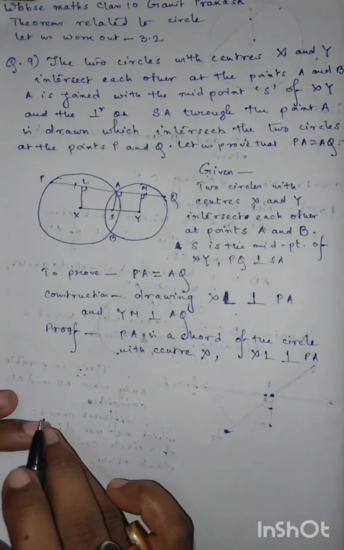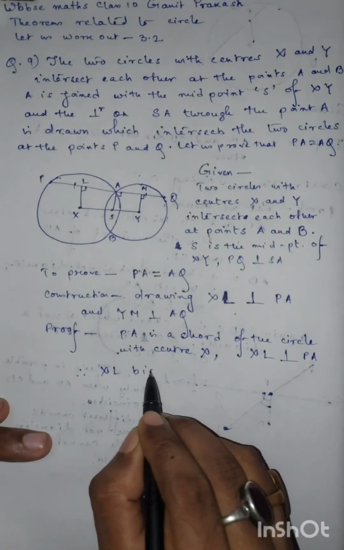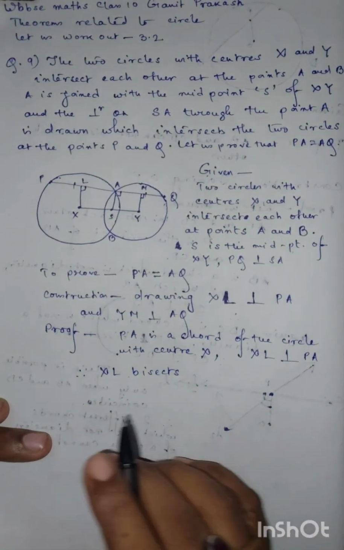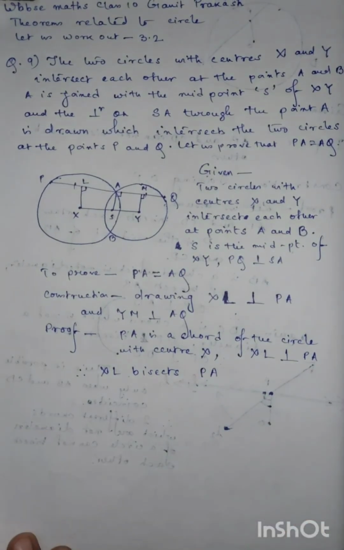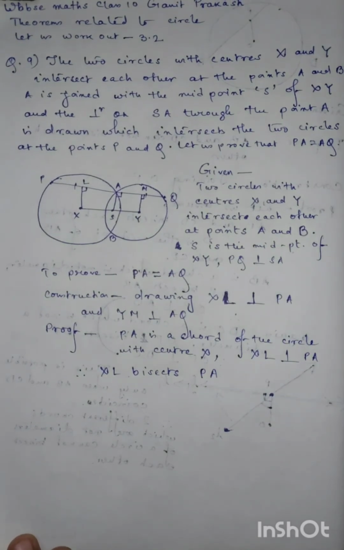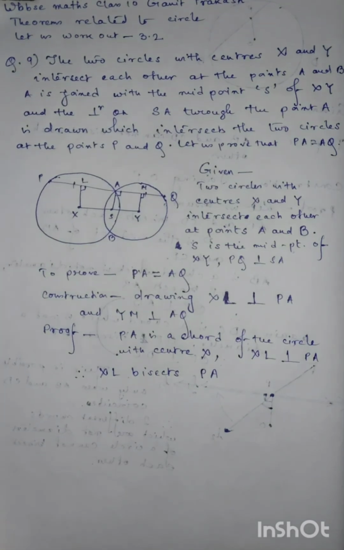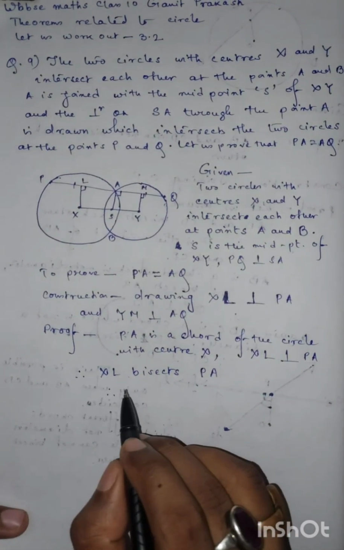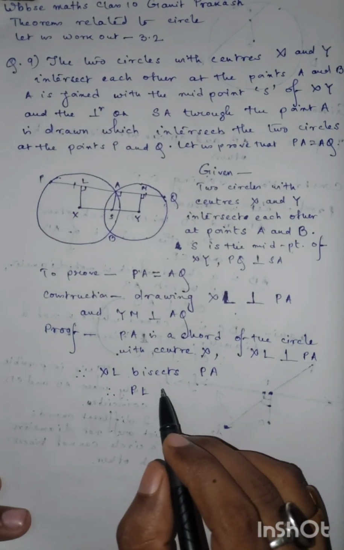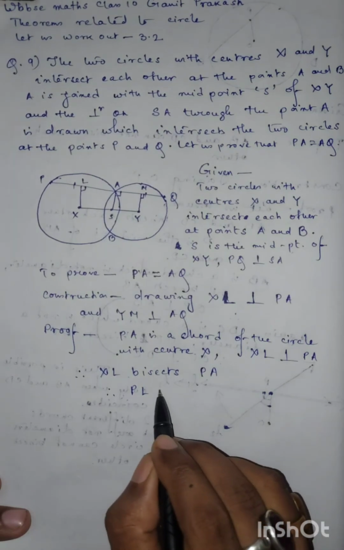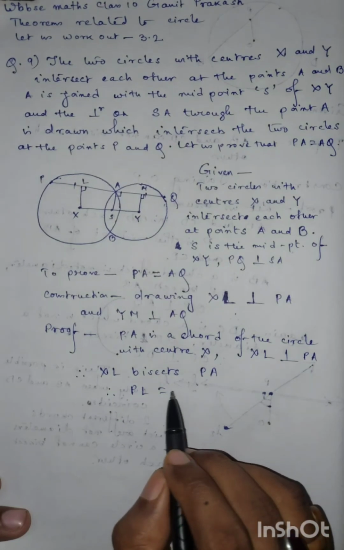Therefore, XL bisects PA. Therefore, PL equal to LA.